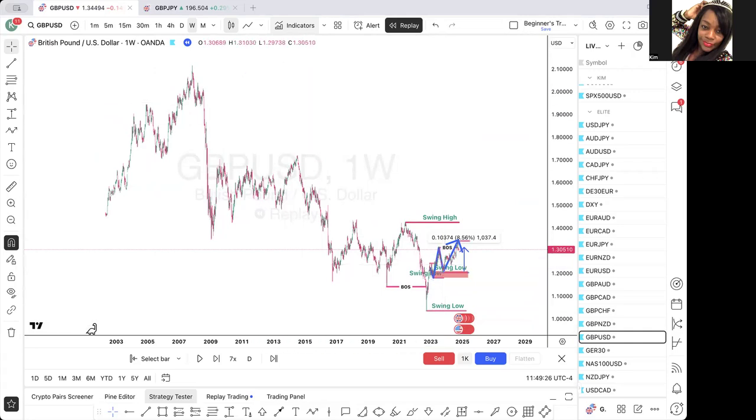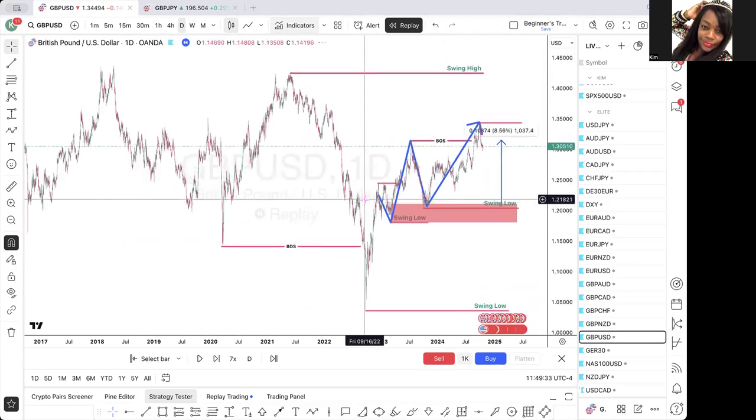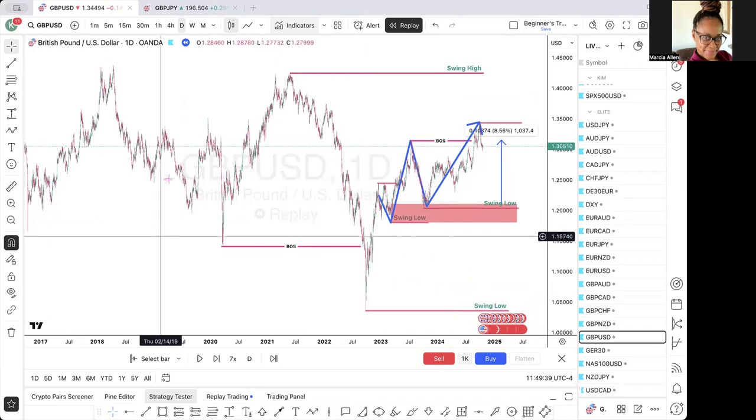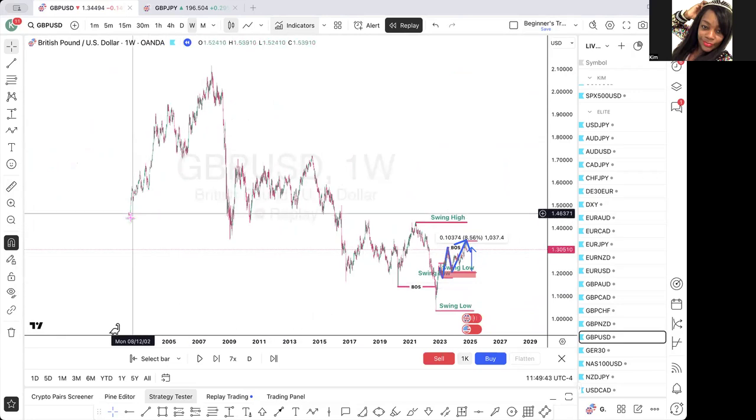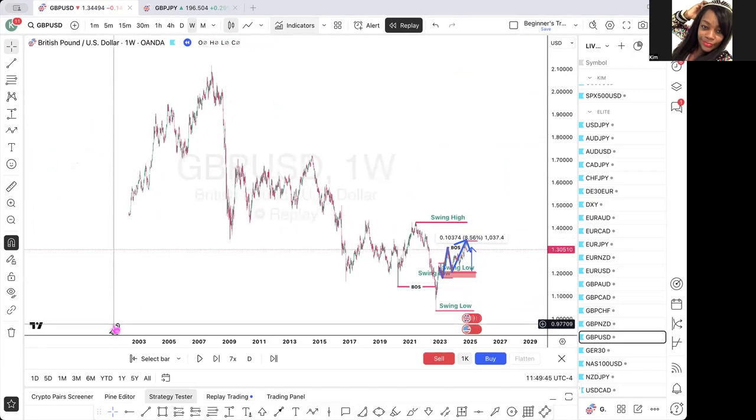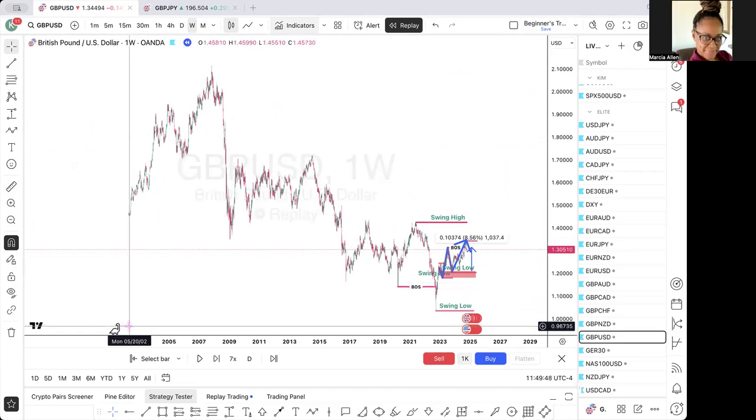Sometimes I will go to the daily and I can't see the chart. The daily won't let me zoom all the way in to see what's over here to the left. So I go to the weekly to zoom so I can see this little dinosaur right here, which means he's ancient, back in 2002.